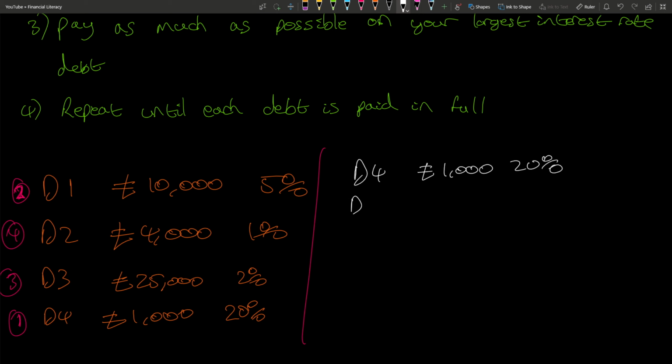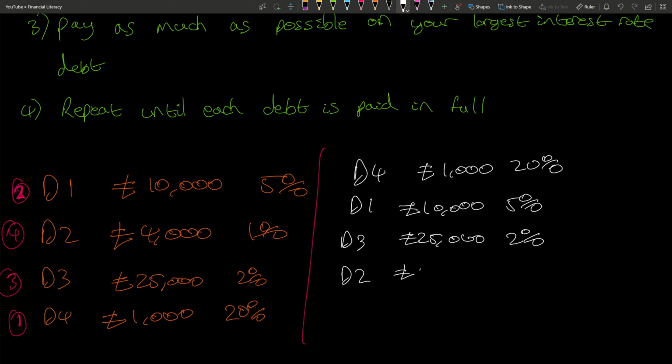We have debt 1 next, £10,000 with a 5% interest rate. Debt 3, £25,000 with a 2% interest rate. Debt 2, £4,000 with a 1% interest rate.